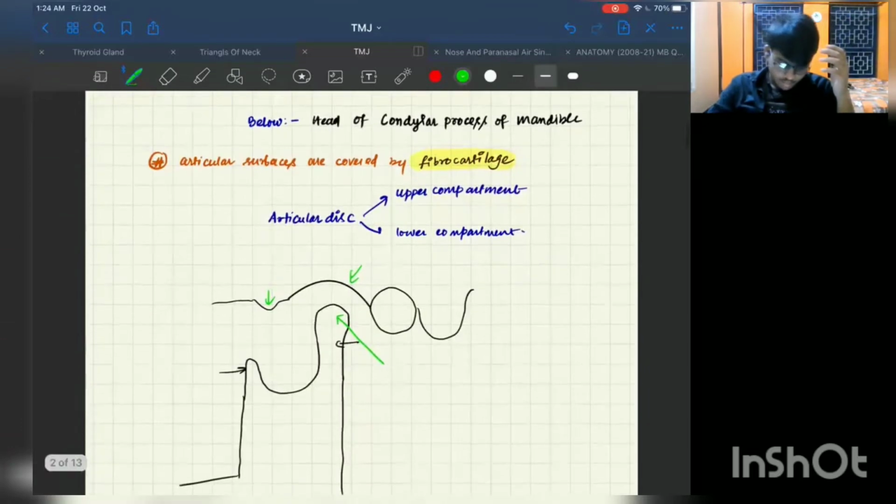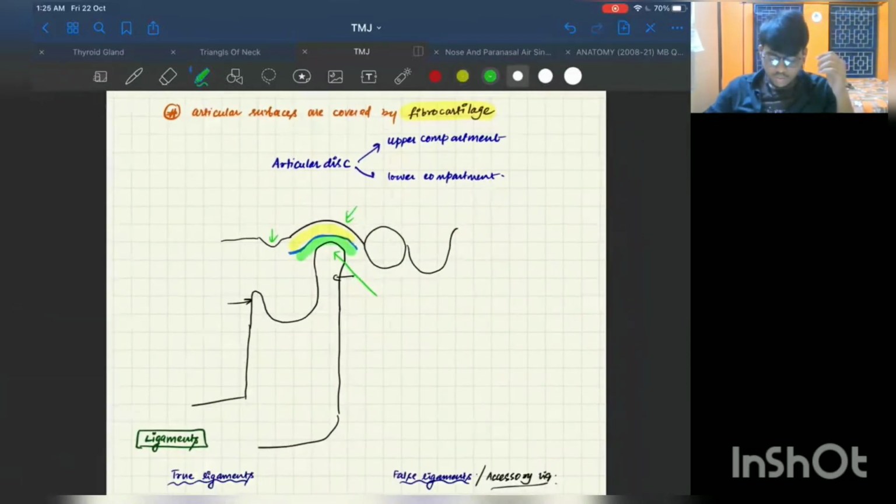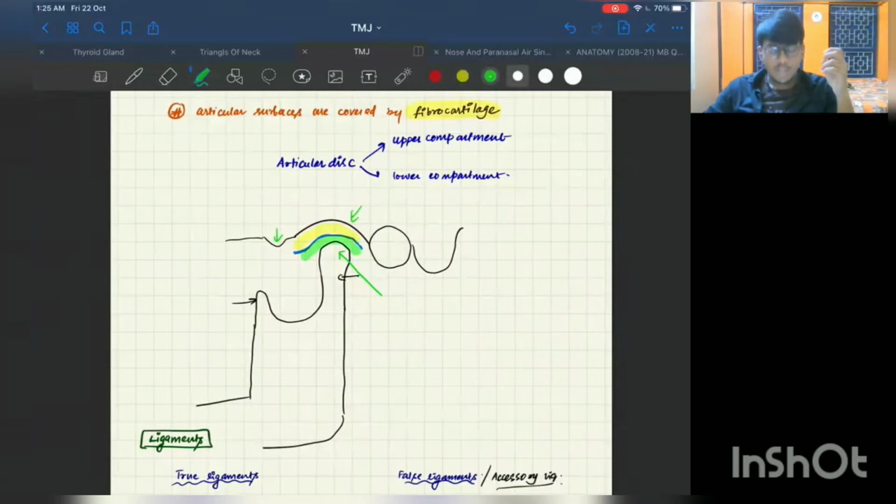Let's see the diagram. Here, I am taking the blue color. Here there will be an articular disc, which will separate this joint into an upper compartment and a lower compartment. So this was about the temporomandibular joint.